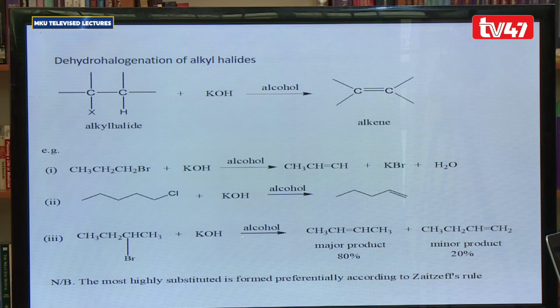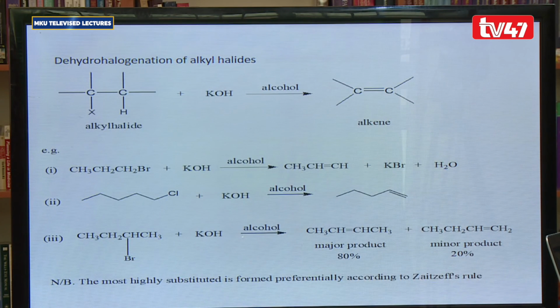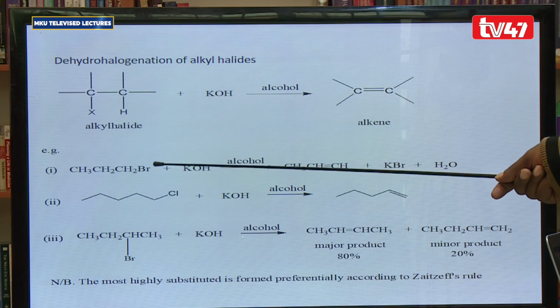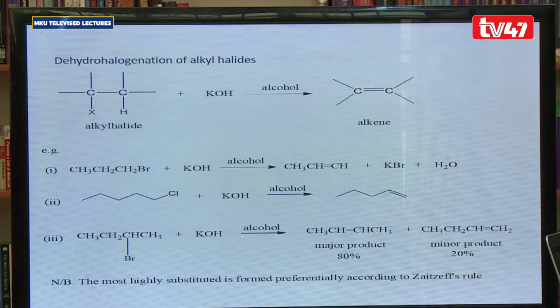So dehydrohalogenation of alkyl halides is one way of formation of alkenes, and this happens in the presence of basic solutions of alkali hydroxides in alcoholic solutions. Depending on where the halogen atom is, you can form different types of alkenes. For example, if it is in position 1, then the dehydrohalogenation will take place in carbon 1 and carbon 2, etc.